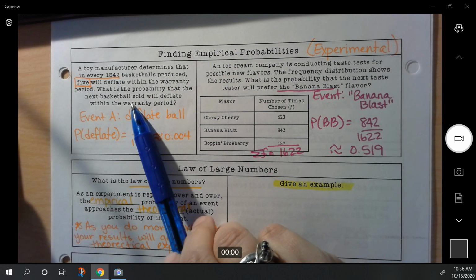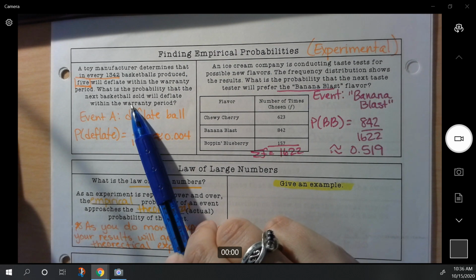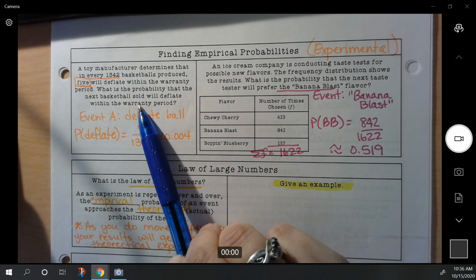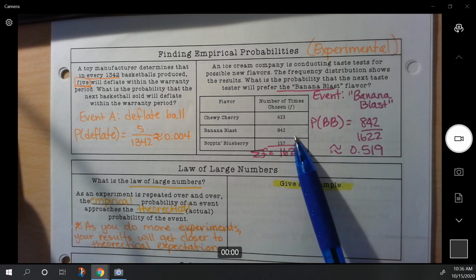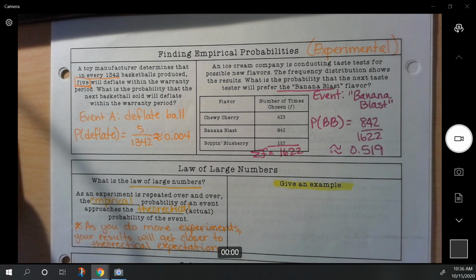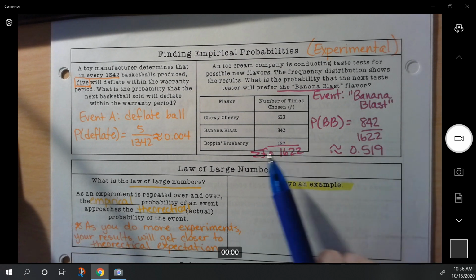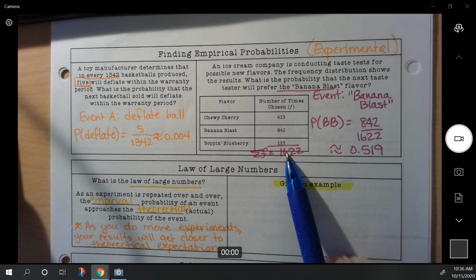A company trying to decide what percentage of basketballs we should expect to have to worry about for our warranties, and what new flavor should become the new flavor that we put out in our ice cream shop. You would not want to put out the one that the least percentage of people liked.